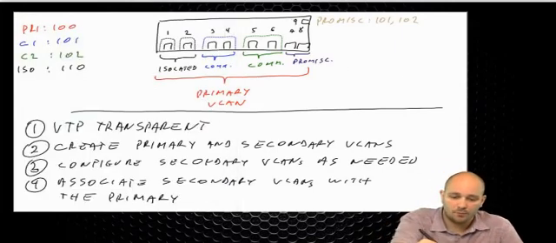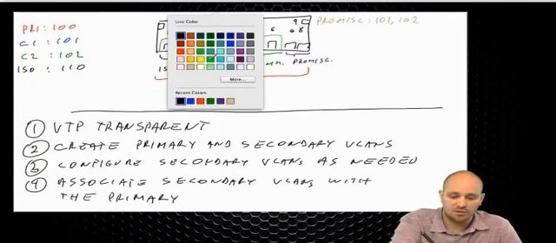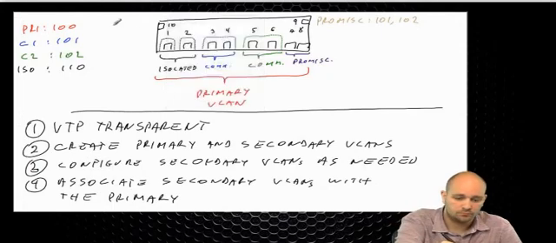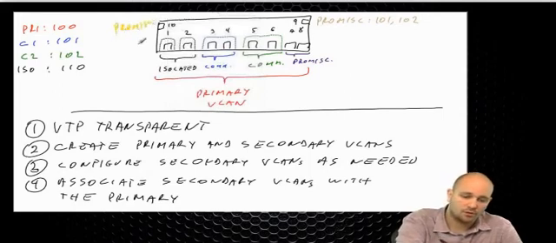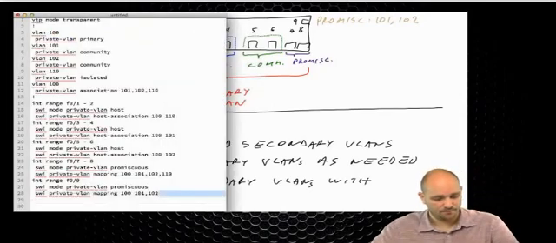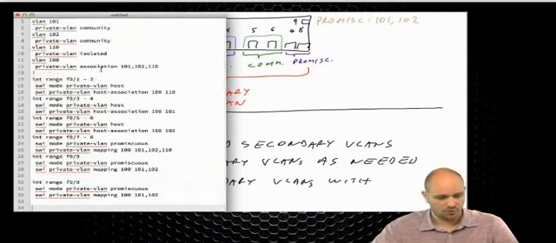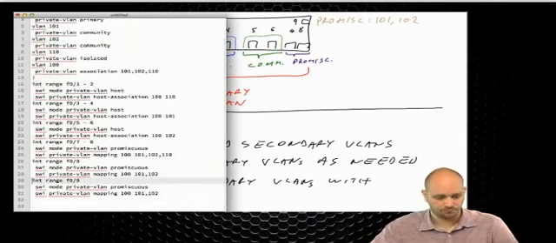Now, let's add port number 10 here. That is going to be, let's say, promiscuous for just VLAN 110. So if we add that into our configuration here, it is going to look like this.